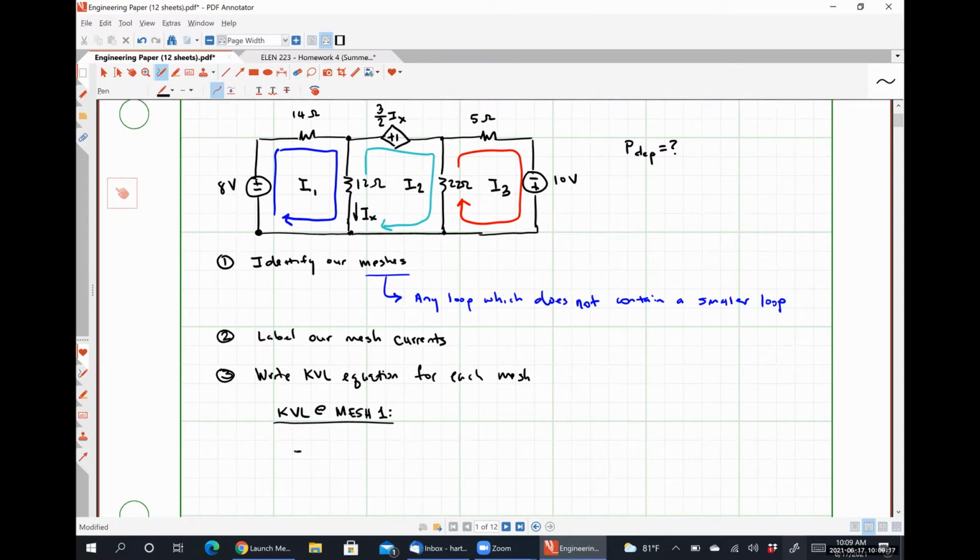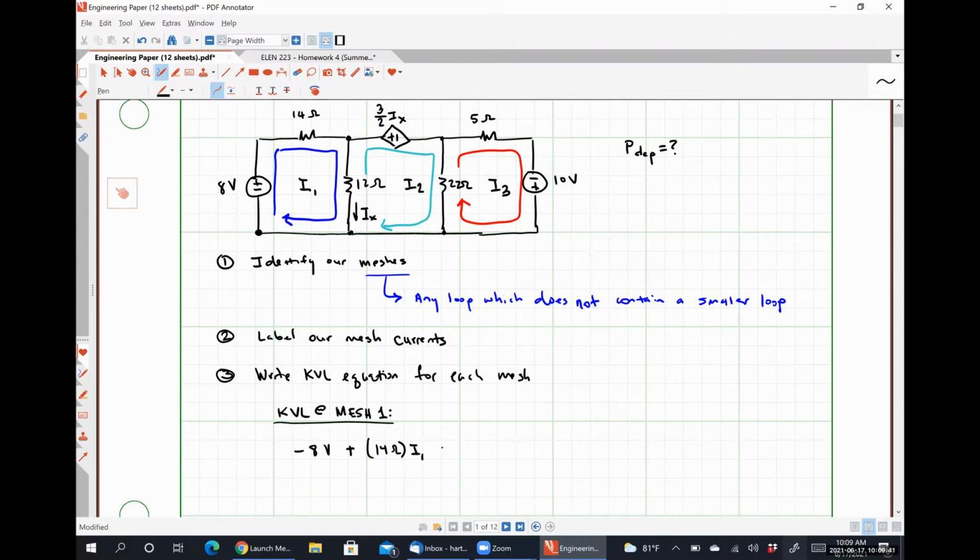So our equation is going to look like negative 8 volts plus 14 ohms, my resistance, times I1, because the voltage drop across that 14 ohm resistor using Ohm's law is simply the resistance value multiplied by the current flowing through it.